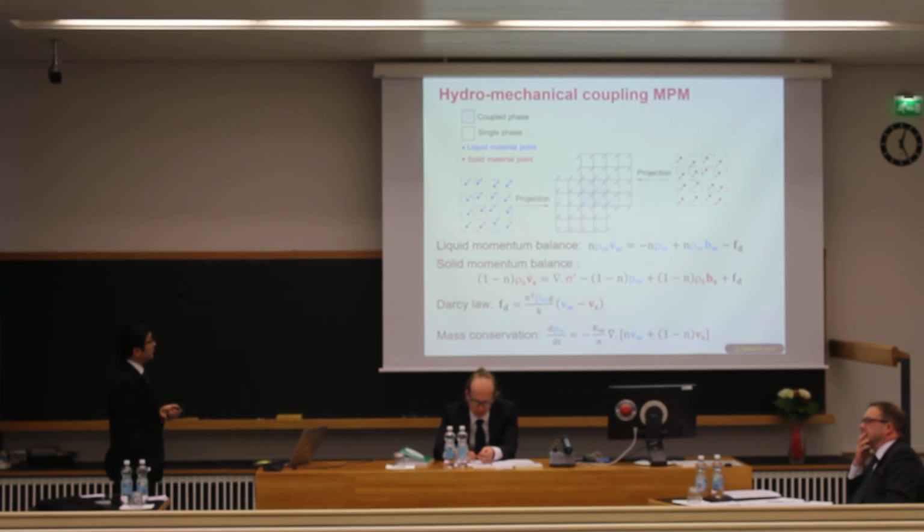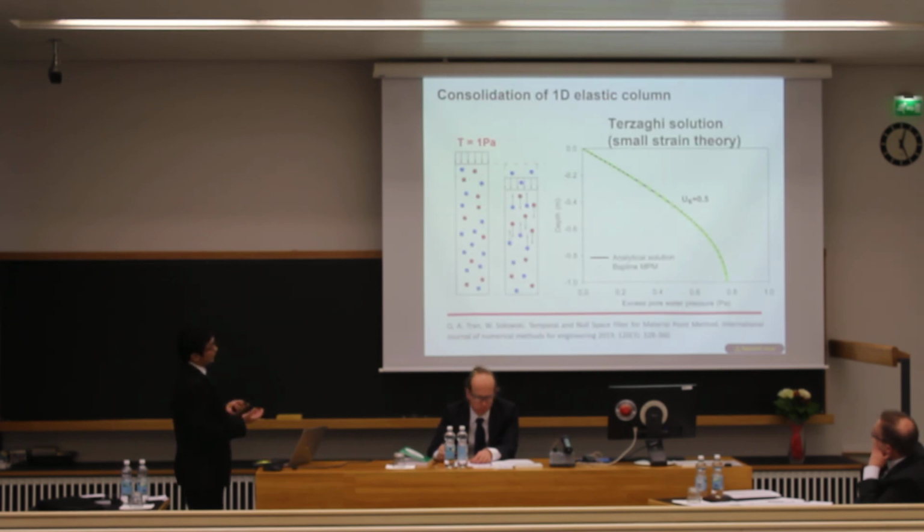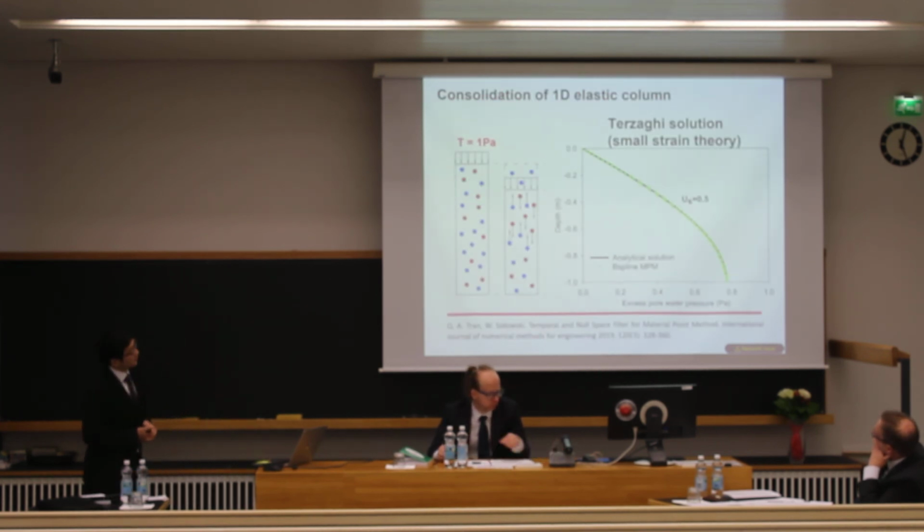So we have different particles, and we are solving the momentum balance equation for the liquid and the solid separately. And we also combine with the mass equation to calculate the rate of the water pressure, and then we validate with the consolidation of the one-dimensional elastic column, and you can see that the numerical solution is matched with the analytical solution. The analytical solution is a well-known solution using the small strain theory.